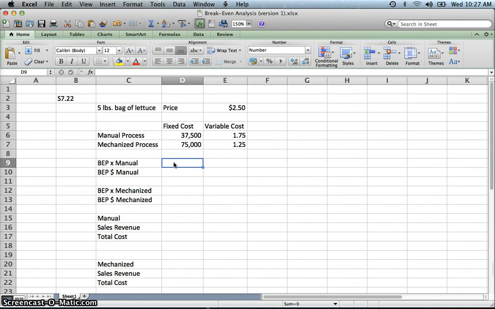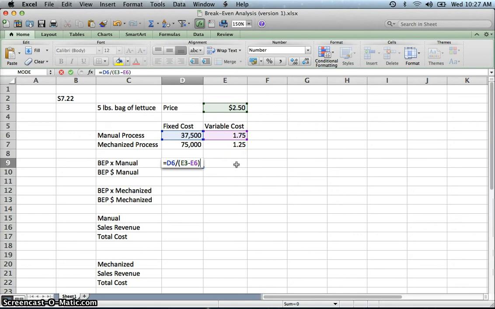All you do is take the fixed cost, in this case the $37,500, and we're going to divide that by the difference between the price and the variable cost, $2.50 and $1.75. This is what is referred to as the contribution margin.